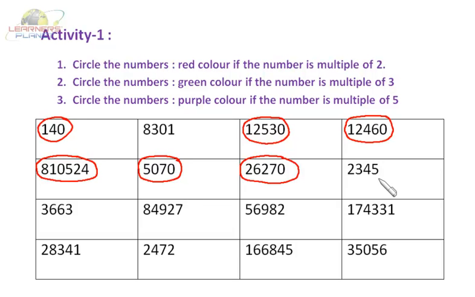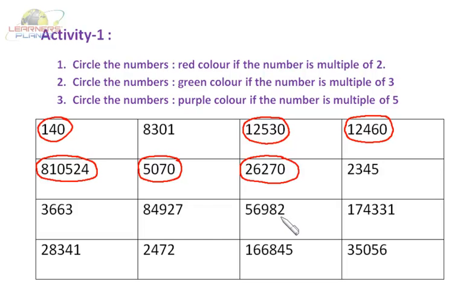So it won't be divisible by 2. Or we can say it is not a multiple of 2. Similarly, this number, the unit digit is 3. That means an odd number. So it will not be divisible by 2. Similarly, this number, the unit digit is 7, which is an odd number, so it will not be divisible by 2.